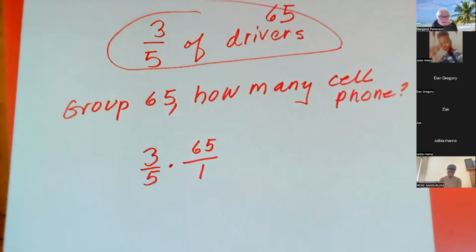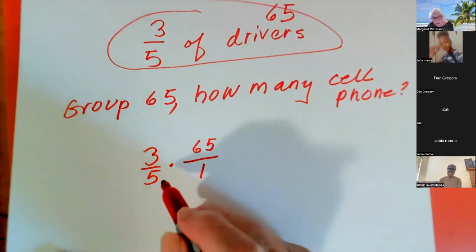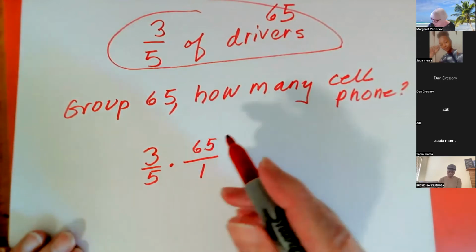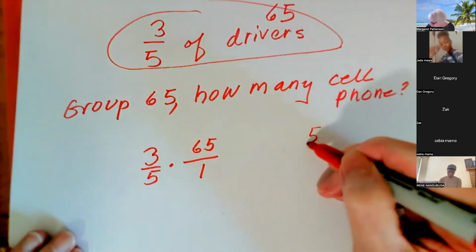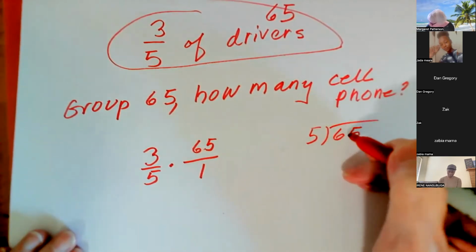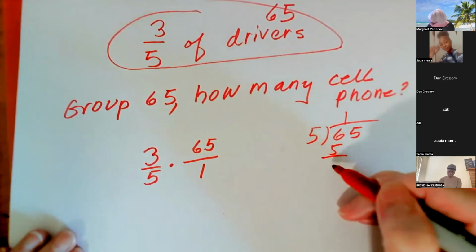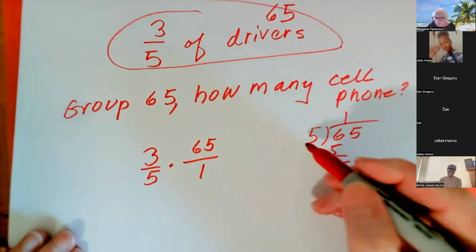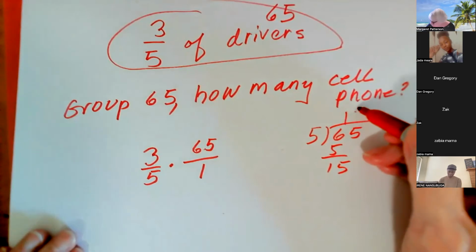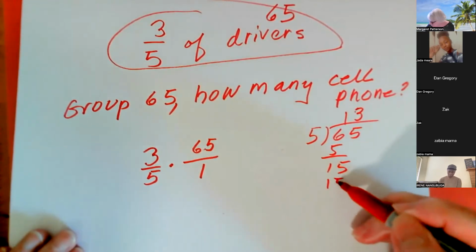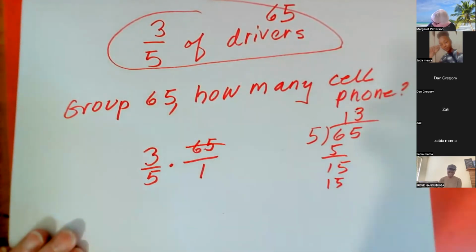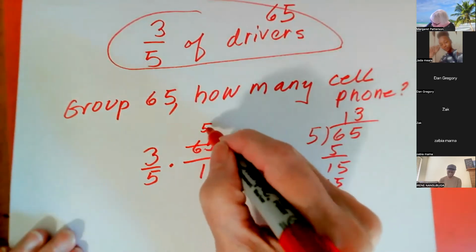And so you work from there, and 5 does go into 65, 5 into 65 once, 1 left over. 5 into 15 goes 13. So 65 is actually 5 times 13.